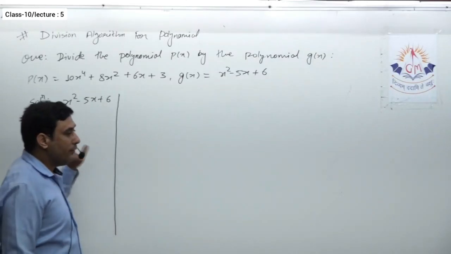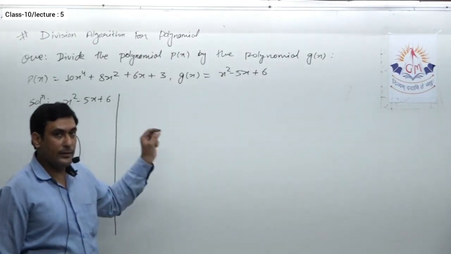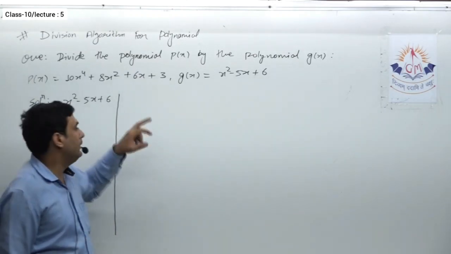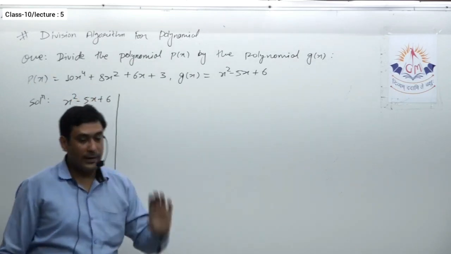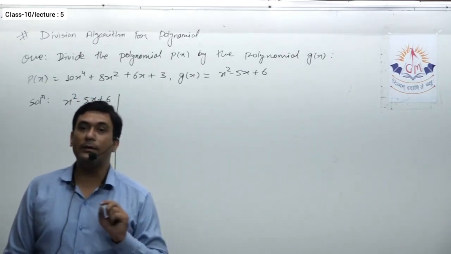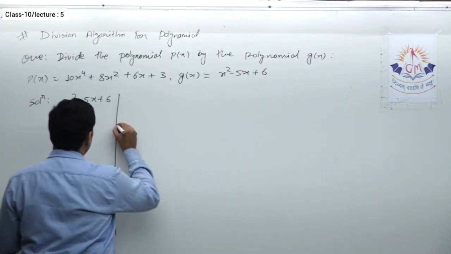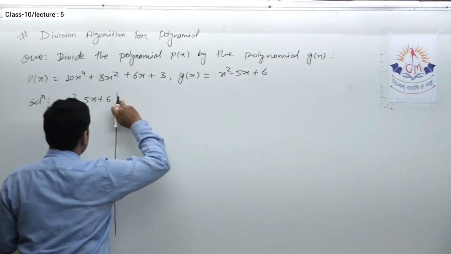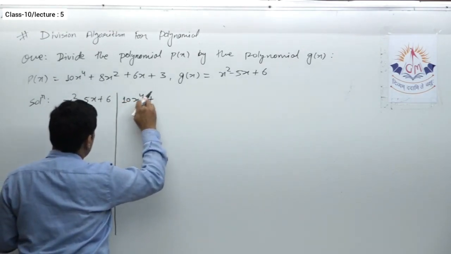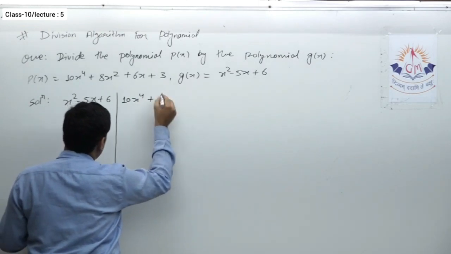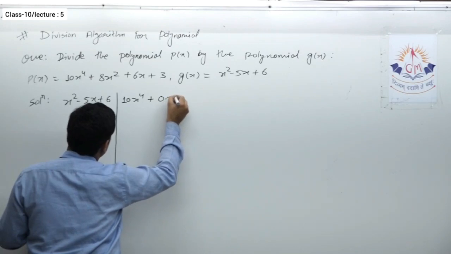And as I told you, we have to write the dividend and the divisor polynomial in the decreasing order of the power of the variable, and here there isn't any term of x cube, so in that case we must include one term of x cube with 0 coefficient. Let me tell you how. First I write 10x raised to 4 plus, now here there must be a term of x cube, so as there isn't any, I write 0x cube.